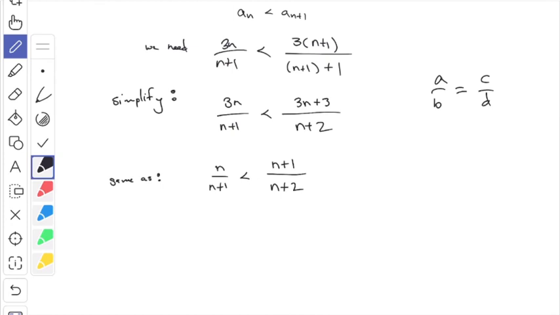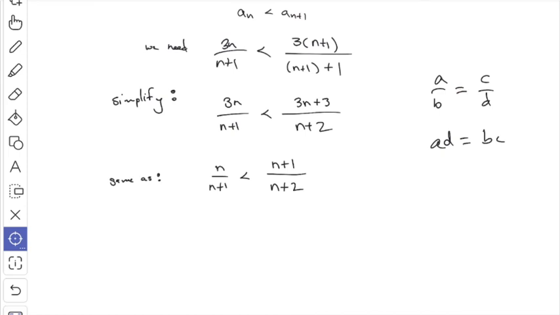Yeah, multiply across. So you would turn this into AD equals BC. That's what I'm going to do here, although you should ask yourself, is that still legal with an inequality sign? Do I perhaps have to change the direction around? Well, really what this is, I multiply both sides by D, and I also multiply both sides by B at the same time, right? That's what the cross multiply thing really means.